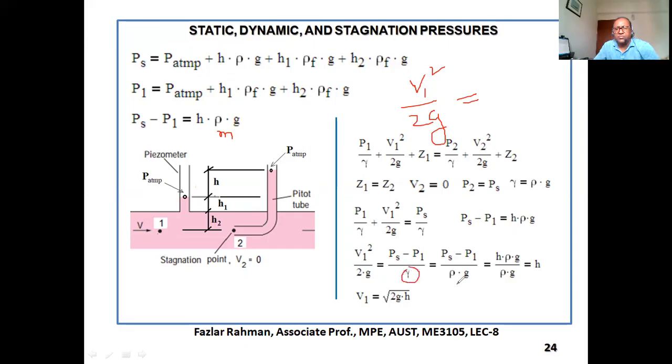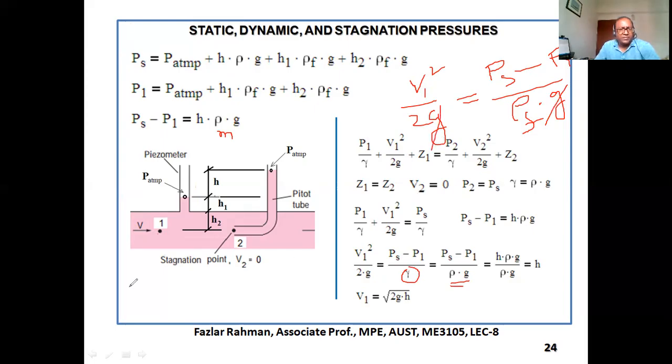This gamma is the flowing fluid. So this will be equal to PS minus P1 divided by rho F, the flowing fluid, into G. Okay. Now this G will be out.